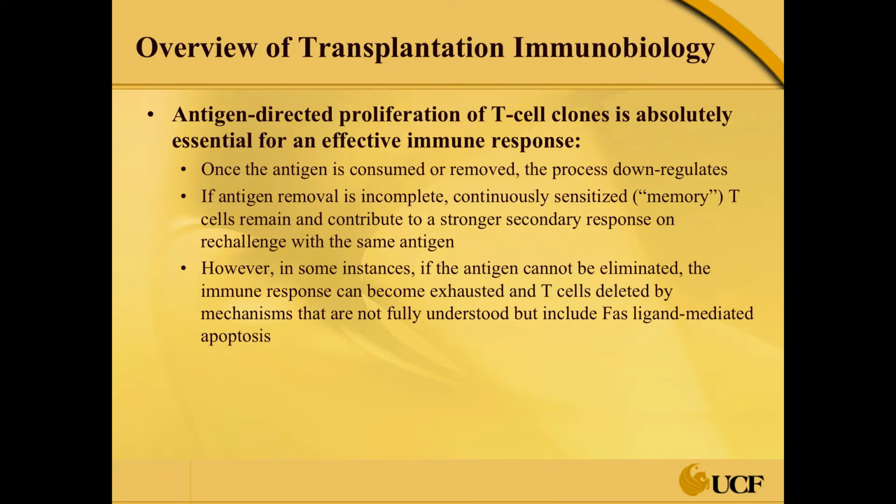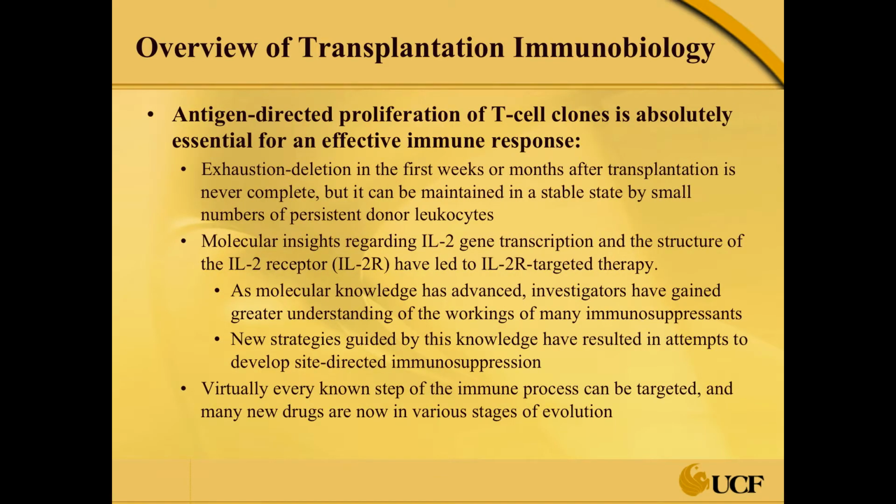However, in some instances, if the antigen cannot be eliminated, the immune response can become exhausted, and then T cells become deleted by mechanisms that are not fully understood, but ultimately result in cell death or apoptosis. Exhaustion deletion in the first weeks or months after transplantation is never complete, but it can be maintained in a stable state by small numbers of persistent donor leukocytes.